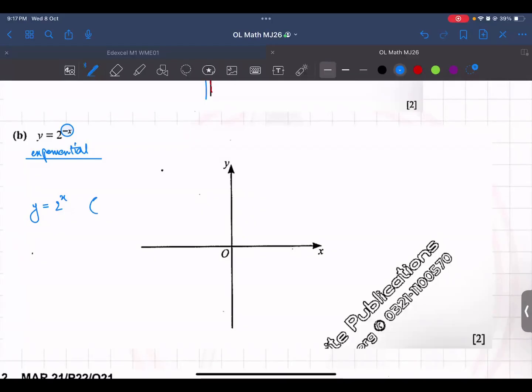So this is a graph of exponential growth. The general graph goes something like this, and it crosses the y-axis at 1. But when your power is negative, it becomes exponential decay.